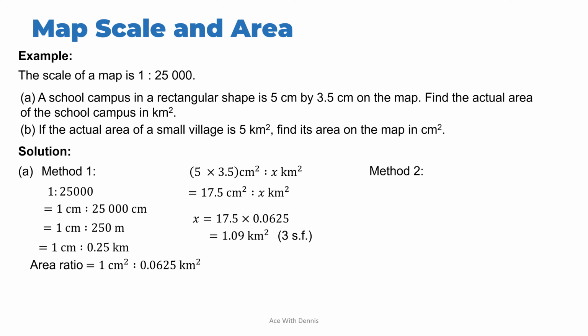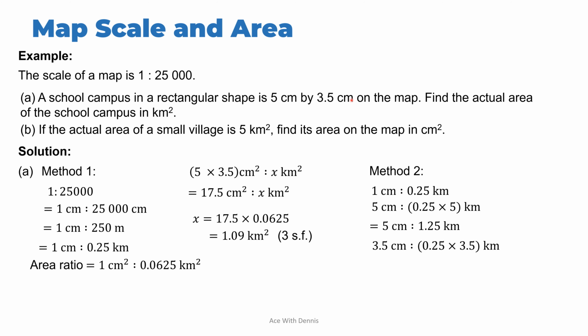There is another method to get the answer. The ratio of the map is 1 centimeter is to 0.25 kilometers. So 5 centimeters is to 0.25 times 5 kilometers, because we want to convert the actual length of the rectangular shape from centimeters to kilometers, which is 1.25 kilometers.